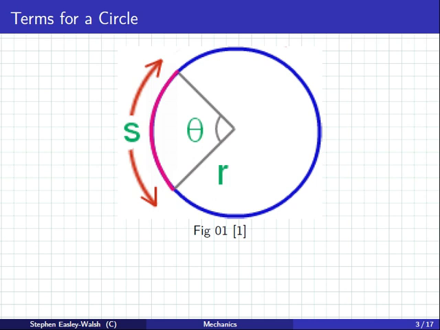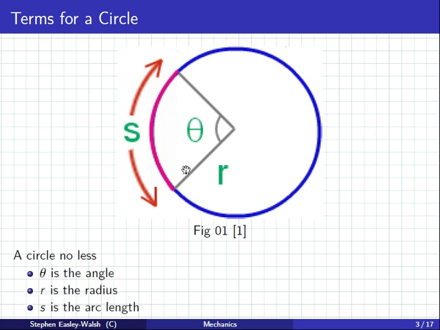I'm getting desperate now. Arc length. Arc, A-R-C. So, theta is the angle, r is the radius, and s is the arc length. I thought someone would know that.